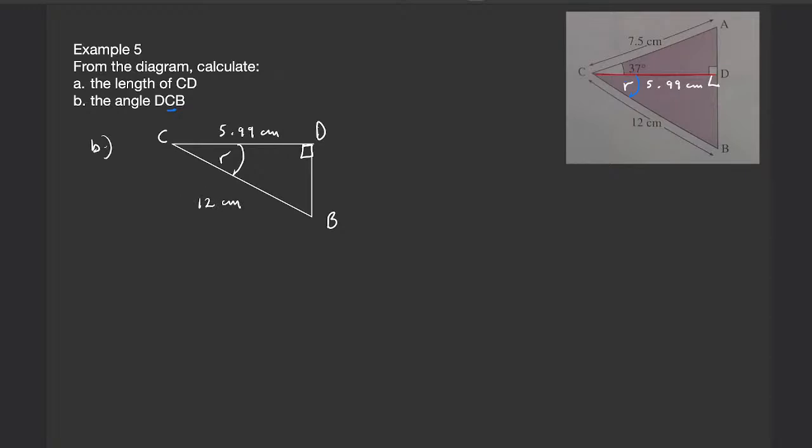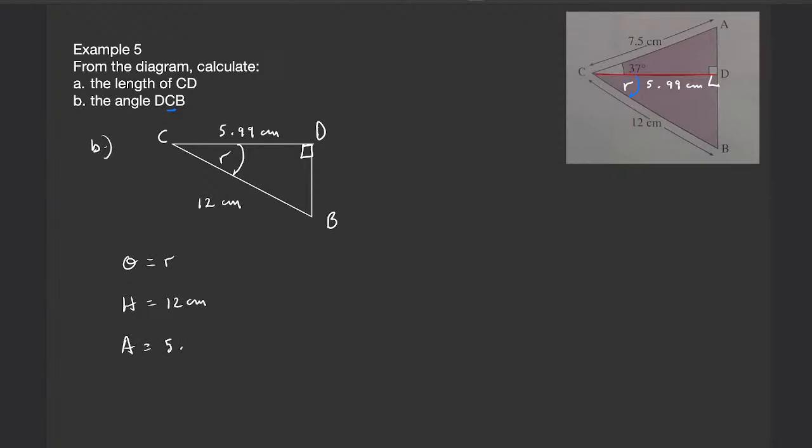Well, I know CB, of course, that's the side opposite my right angle, so that is my hypotenuse. So my angle is R, my hypotenuse is 12 cm, and of course the side that the angle sits on and right next to, that's equal to the adjacent.